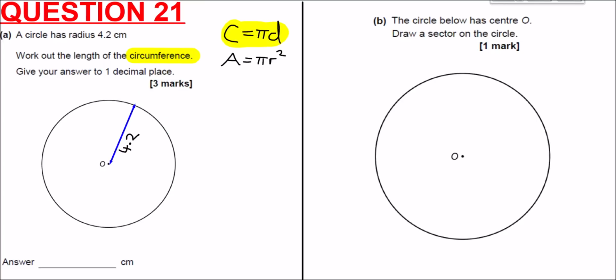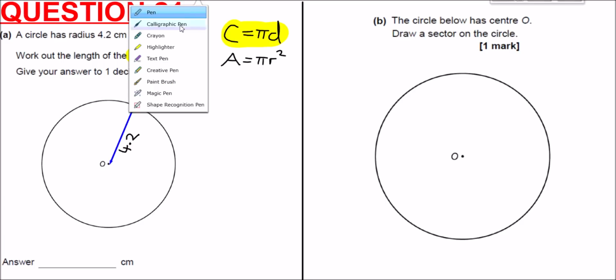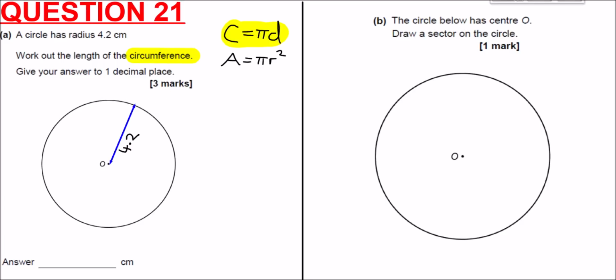Now the diameter relates to the radius because the diameter is always double the size of the radius. So if the radius is 4.2, and that's just half the way across, the diameter, which is all the way across from one end to the other, will be 4.2 times 2, which is 8.4.